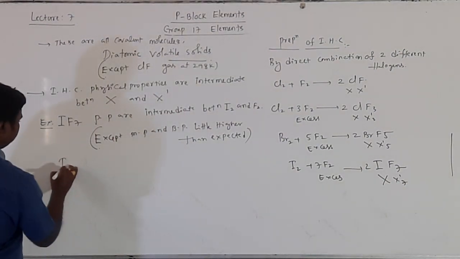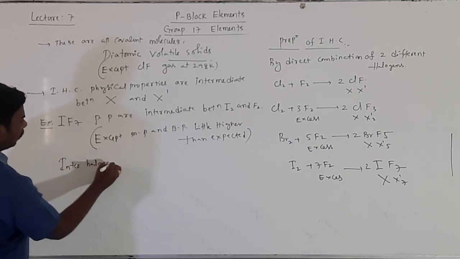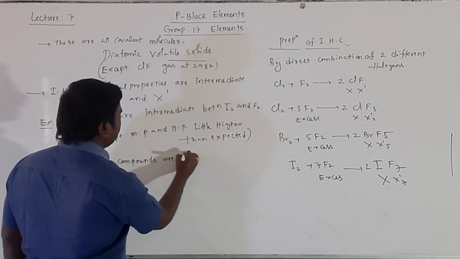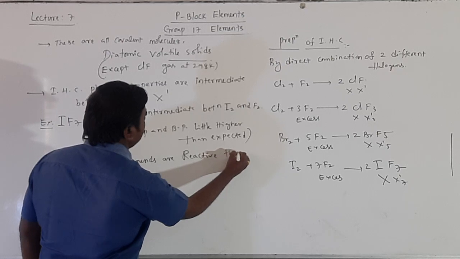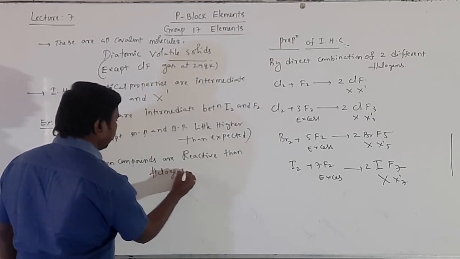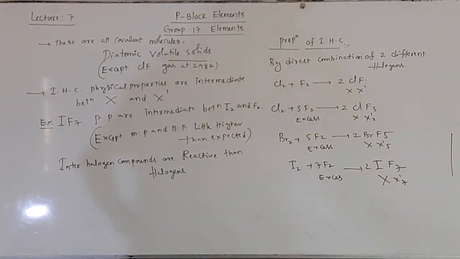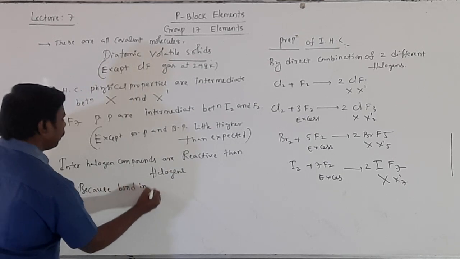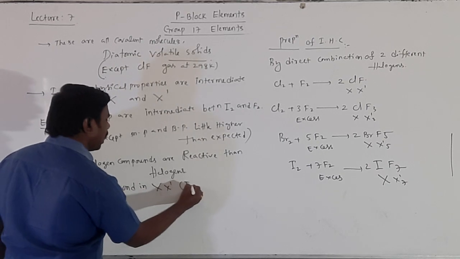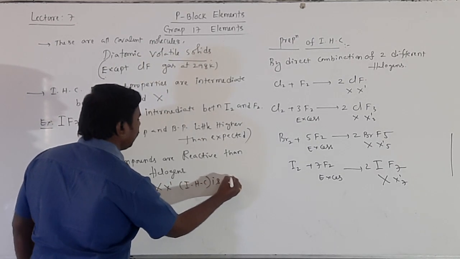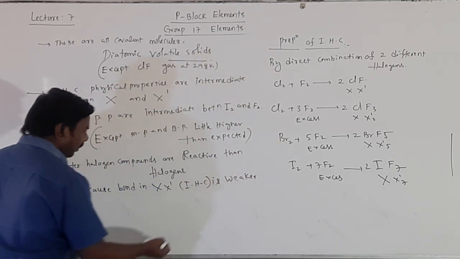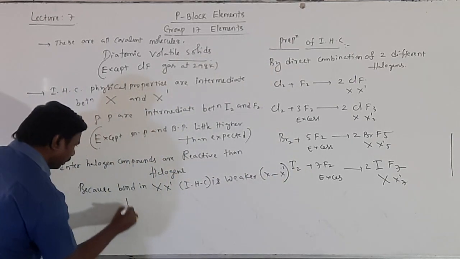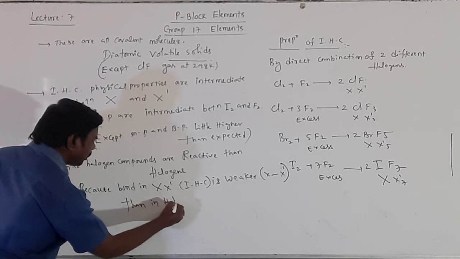Reason: the bond in XX', the interhalogen compound, is weaker than in halogens.